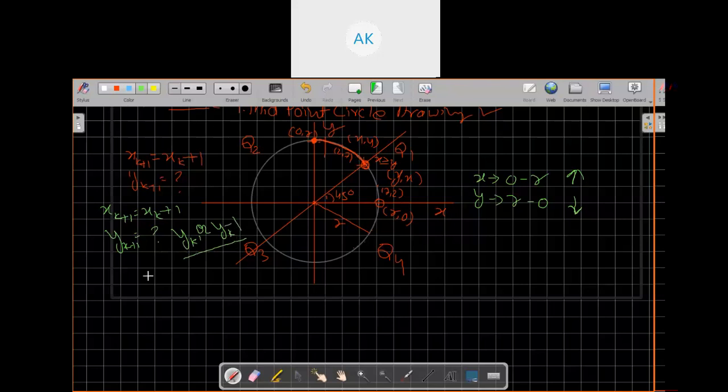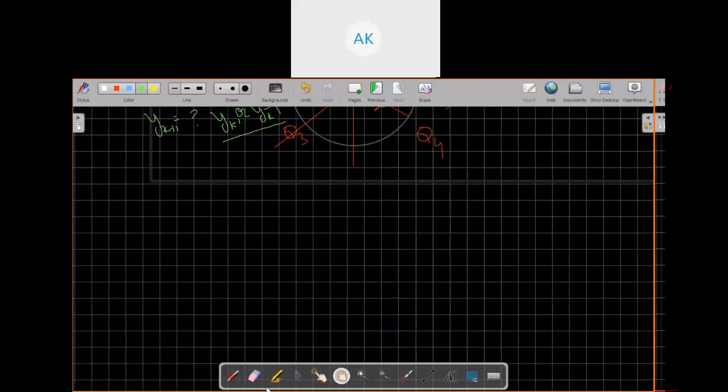Is it clear? Again, I can write here: x is moving with unit interval. Meaning your x_{k+1}, the next point, will be x_k, the previous point, plus 1. We are moving in the x direction in unit interval, and the corresponding value of y_{k+1}, meaning the next point of y, we are going to find.